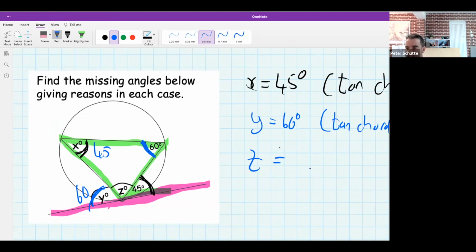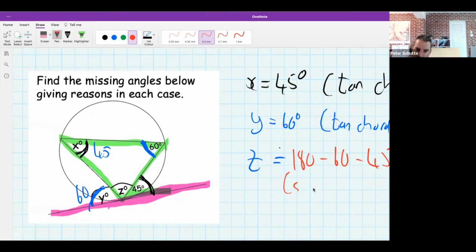And I see in the chats, everyone is realizing that there's two ways. You can either say that angles on a straight line add up to 180, or you can say that the triangles add up to 180, so sum of angles in a triangle. Either way, you're going to get this, which is 75.